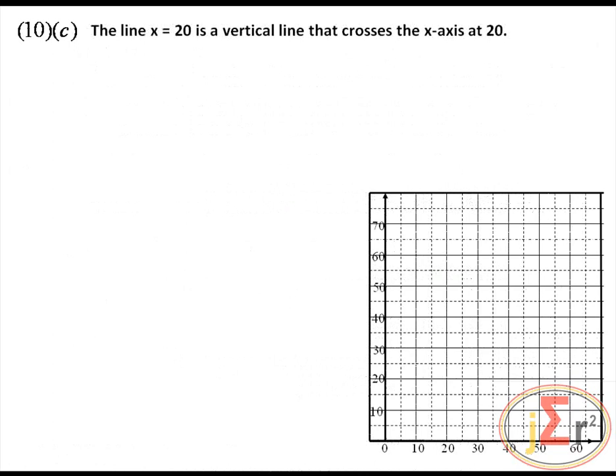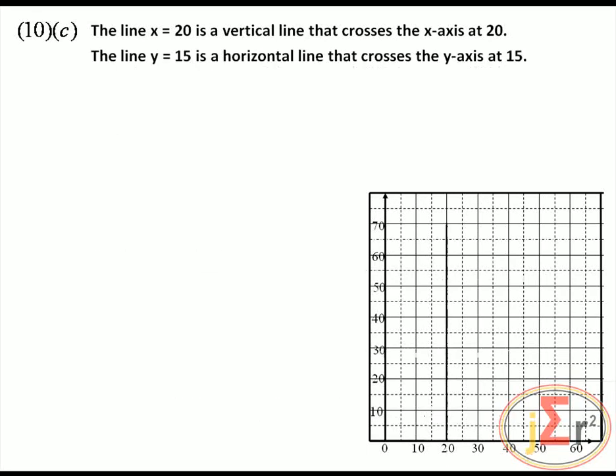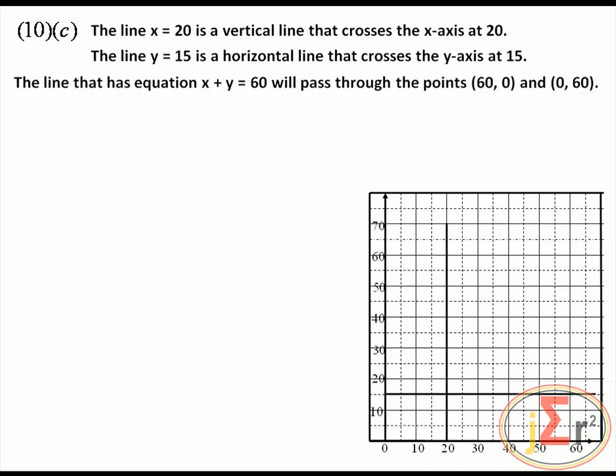The line x is equal to 20 is a vertical line that crosses the x-axis at 20. So, no problem with that one. The line y is equal to 15 is a horizontal line that crosses the y-axis at 15. The line that has equation x plus y equals 60 will pass through the points 60, 0 and 0, 60. So 60, 0, we will go 60 for the x and no movement in the y direction.